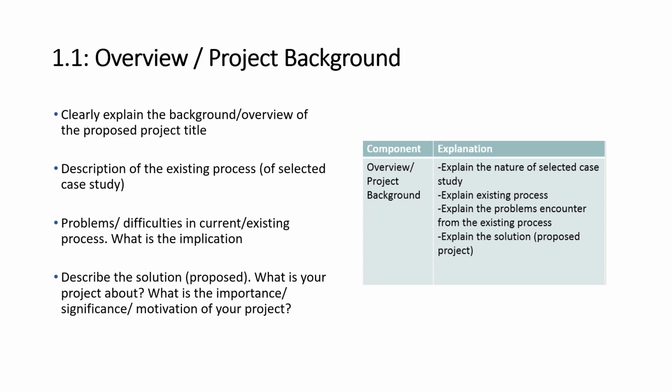If your case study is a salon, for example a spa or salon, you need to explain which industry they are in, what the salon is, what the services in the spa are, and so on. Another example is car rental booking or room booking: you need to explain what it's all about, the nature and background of the selected case study.